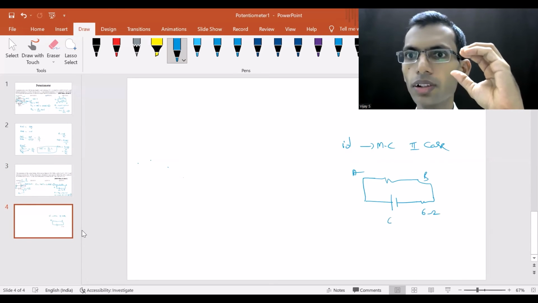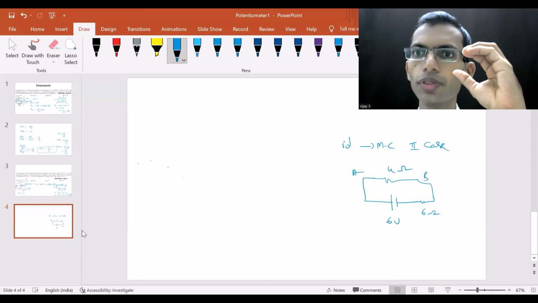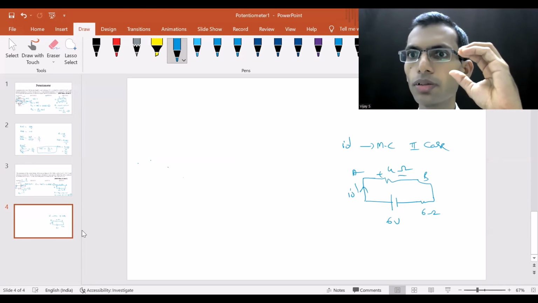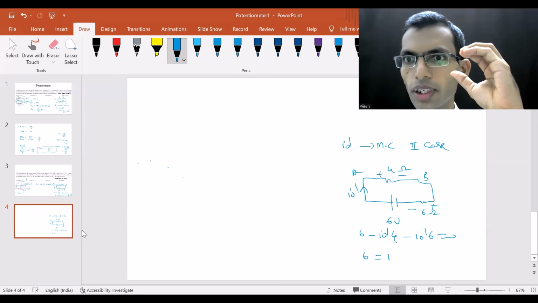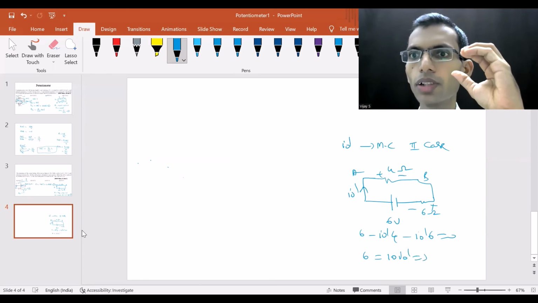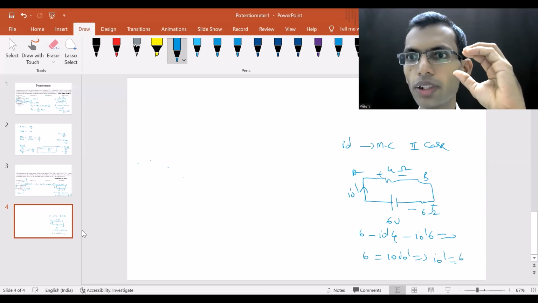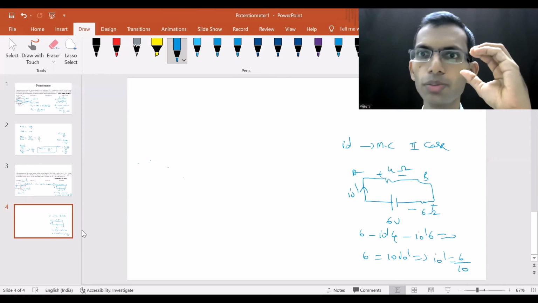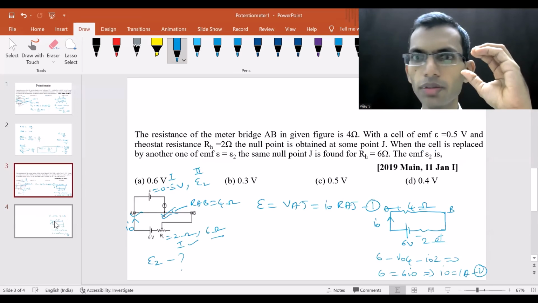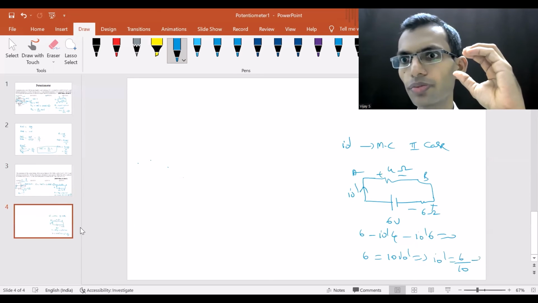This is 6 volts, and this is 4 ohm. Current always flows from higher potential to lower potential. When we apply KVL, we get 6 minus I0 dash into 4 minus I0 dash into 6 equal to 0. 4 plus 6 is 10, so 6 is equal to 10 I0 dash. So I0 dash is 6 by 10. Let me take this as equation 3.